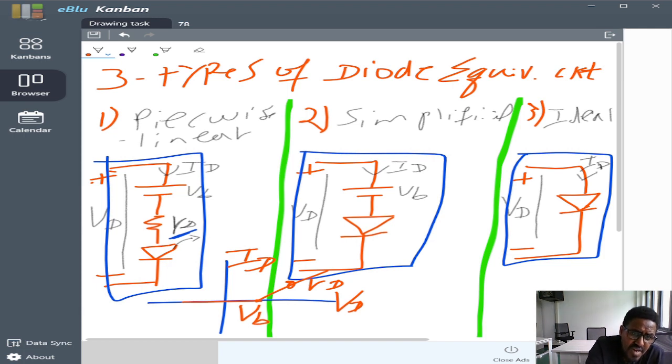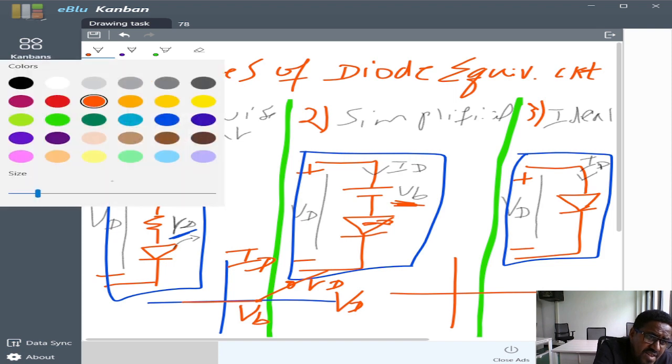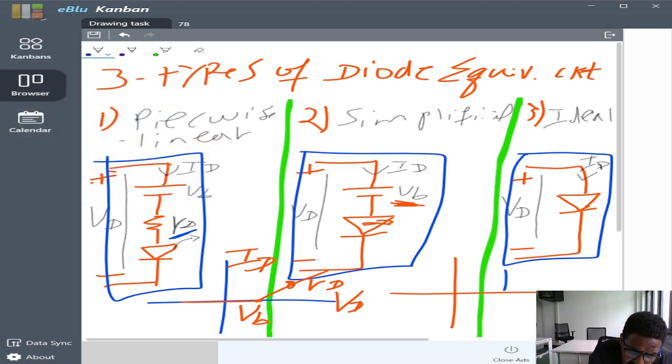The second, the simplified equivalent circuit or constant voltage drop equivalent circuit, is the most used model in circuit analysis. In this circuit we have only a voltage source, or potential source, and the direction of current is represented by the ideal diode. The graph is a straight line, which means R is equal to 0.